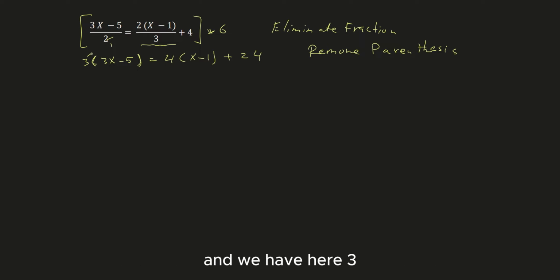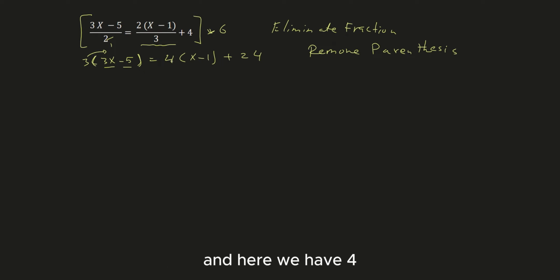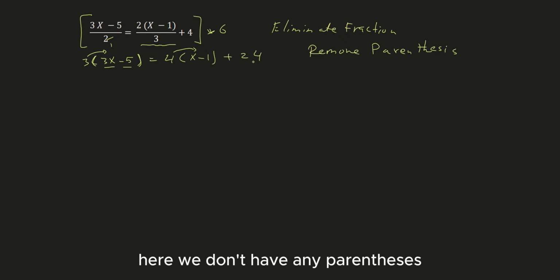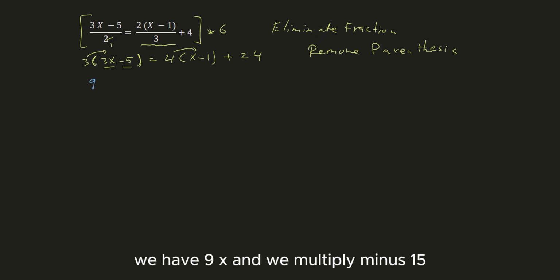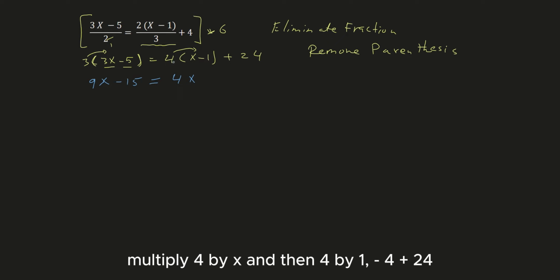We multiply 3 by all terms inside these brackets, and we multiply 4 by all terms inside these brackets. Here we don't have any parentheses. We have 9x minus 15, 3 times 5, equals 4x, 4 times x, and then 4 by 1, minus 4, plus 24.